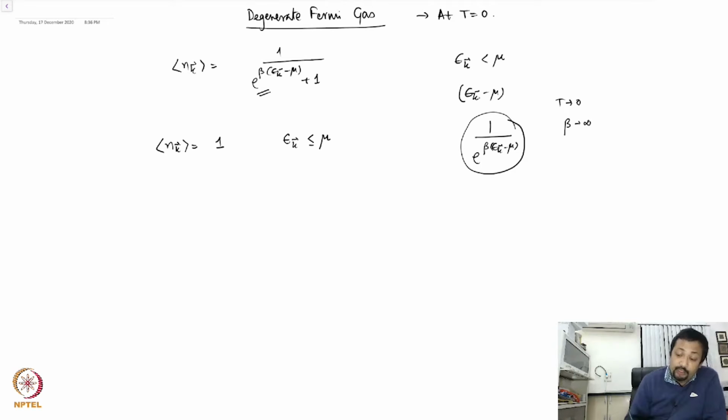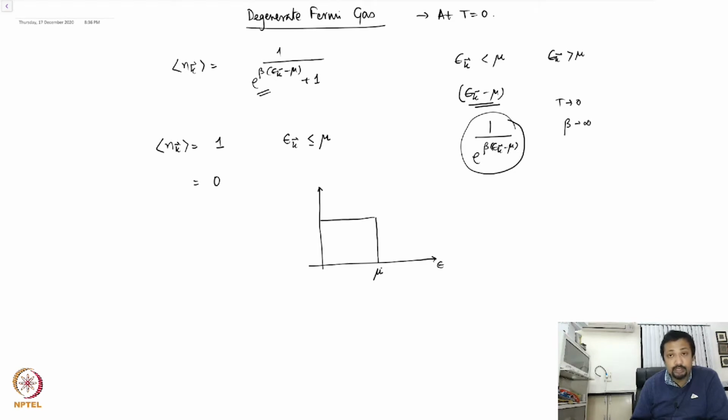So by a similar argument, when epsilon_k is greater than mu, then this term is positive and the denominator itself becomes infinitely large, and therefore you get a 0. So if you want to plot the occupation number as a function of the energy level, then you will see that all the levels up to this chemical potential mu are completely filled at T equal to 0, right?